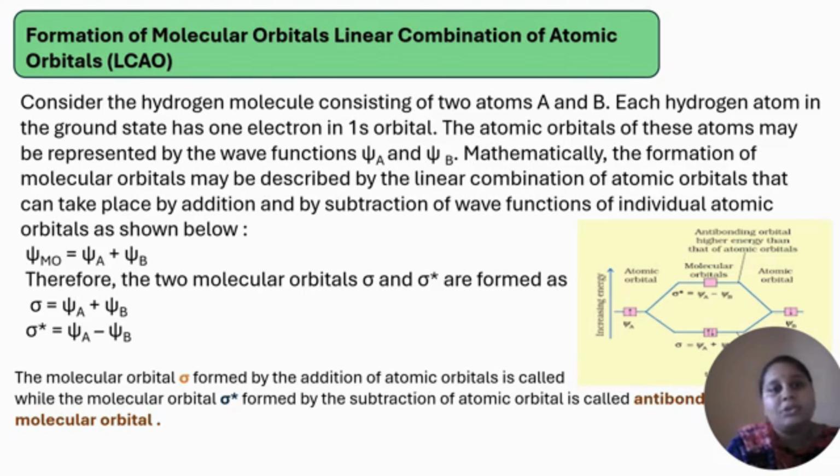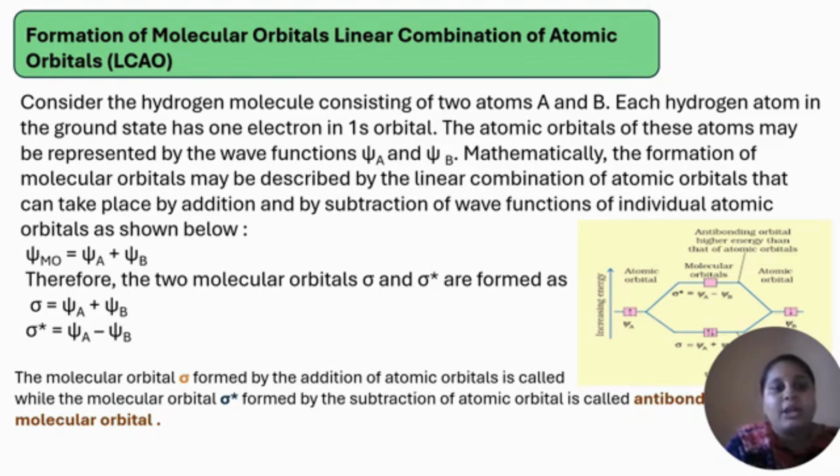Considering the hydrogen molecule with 2 atoms A and B, in the ground state each occupies 1 electron in the 1s orbital, and the atomic orbitals are represented by the wave functions psi A and psi B. Mathematically it is represented by the linear combination of atomic orbitals, which occurs by the addition and subtraction of the wave functions of the individual atomic orbitals, that is psi MO equals psi A plus psi B. Therefore the 2 molecular orbitals sigma and sigma star are formed: sigma is psi A plus psi B, and sigma star is the opposite, psi A minus psi B.